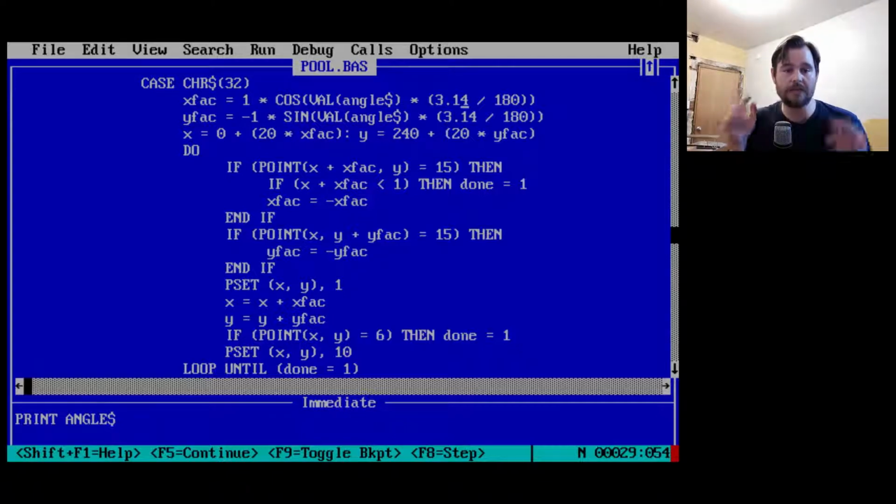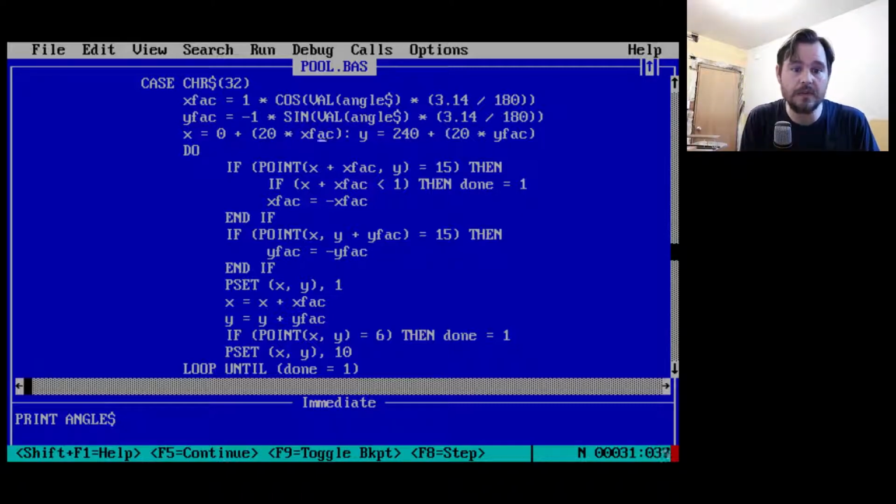And so I had to negate it because a positive y value in trigonometry means you're going up, but in the QBasic screen 12, bigger values of y go down. That's why I had to negate it there.